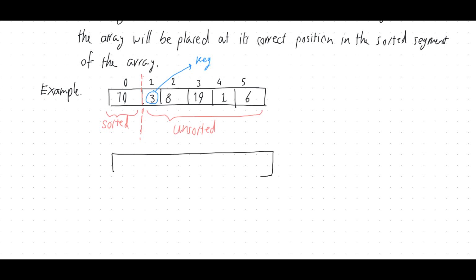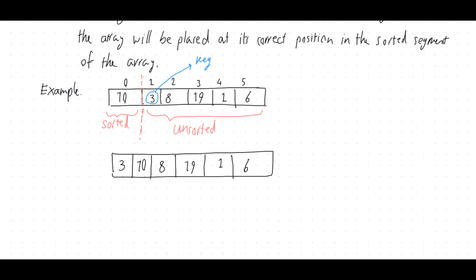So 3, which was the key, will be moved to the beginning, 10 as the second, and then the rest of the numbers, 8, 19, 1, and 6, remain as they are.